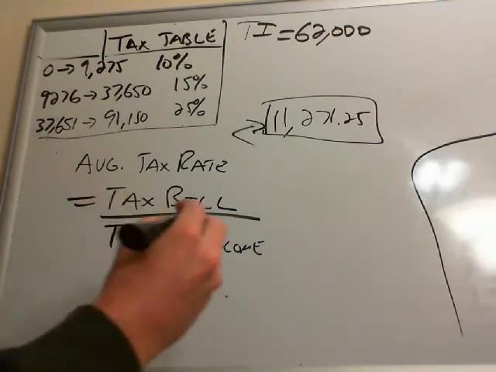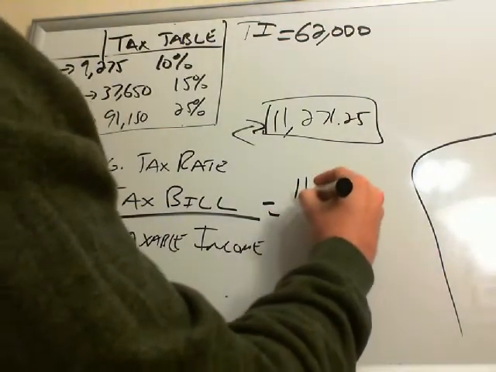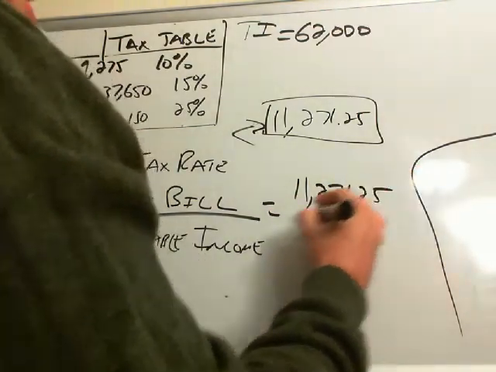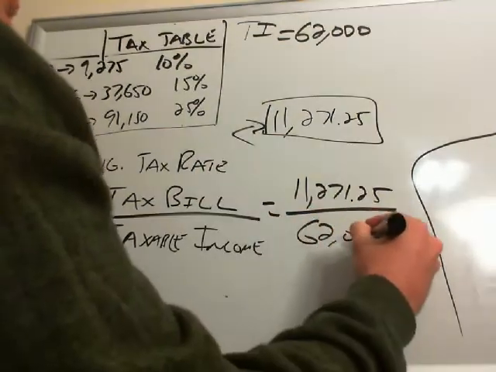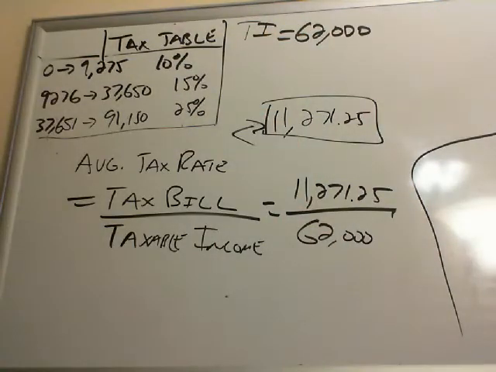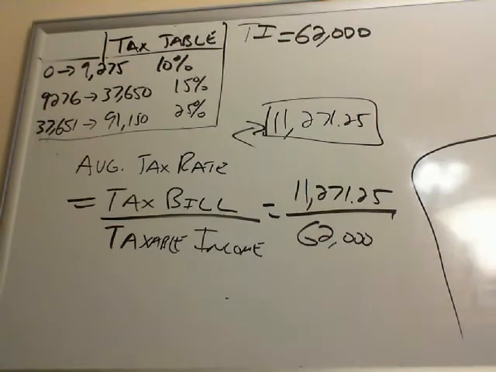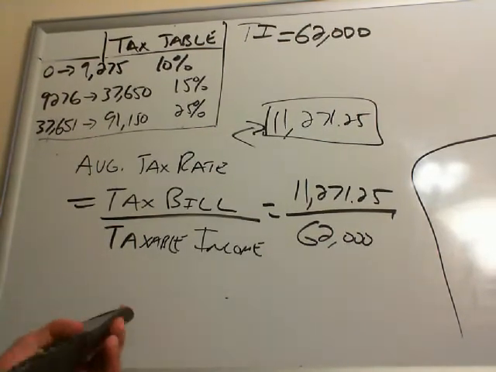Okay, and so for us, that's going to be $11,271.25, our tax bill, over $62,000, which is our taxable income. And so it's about 18%.